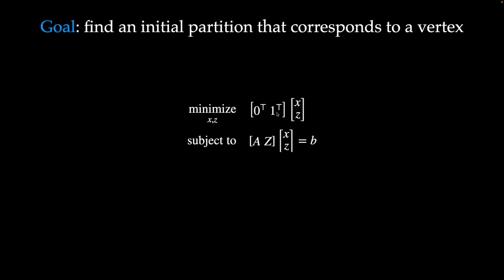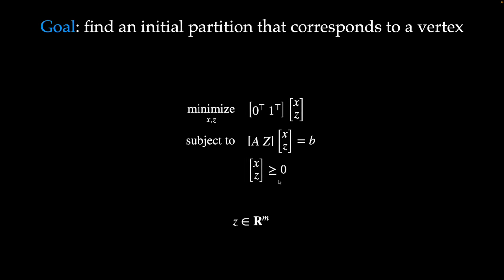The constraints that we have are just like before, where we have this Ax plus Zz equal to b. And we also require x and z greater than or equal to 0. Okay, so this is our auxiliary linear program. This is not equivalent to the actual problem we want to solve. This is just the linear program we're introducing in order to find the initial partition.